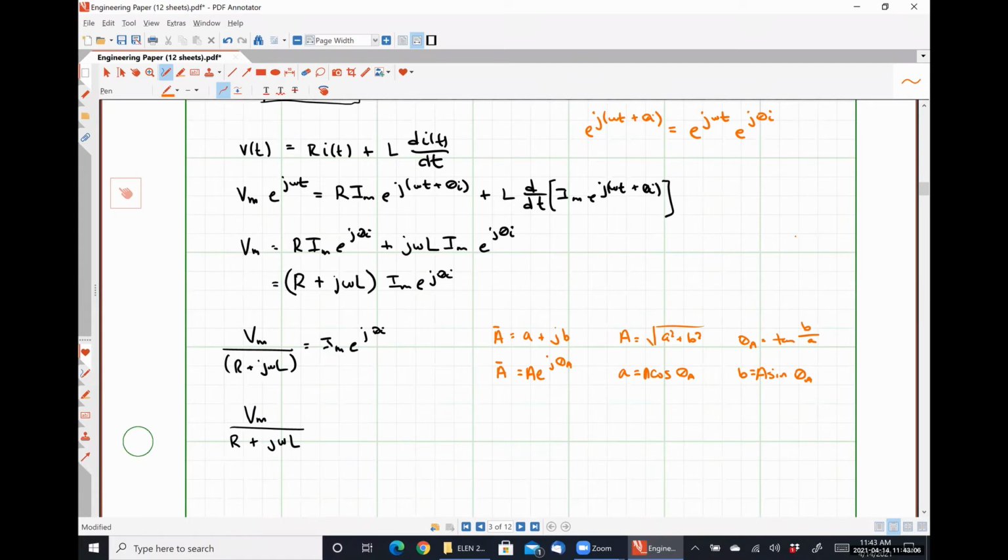Once we can express our left-hand complex number in this form, where it's simply some number plus j times some other number, getting the magnitude and the phase angle is trivial.